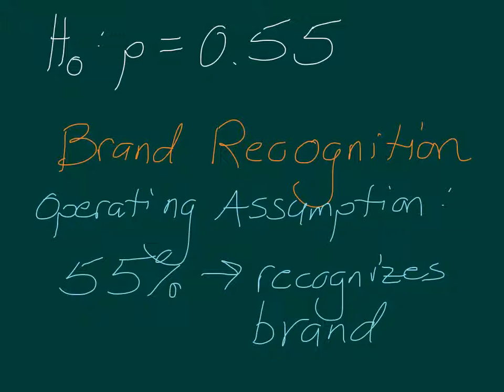So if we're talking about all consumers, maybe our population under consideration is all consumers. So then we're saying that if you randomly went up to somebody, there's approximately 55% chance that they would recognize the brand, or approximately 55% of all consumers would recognize this brand name. This is the operating assumption. Okay.